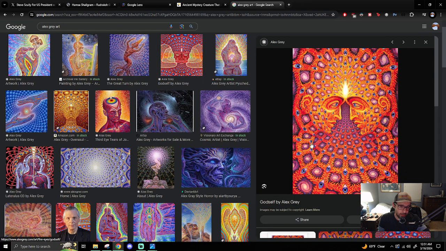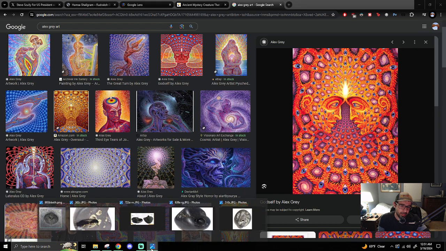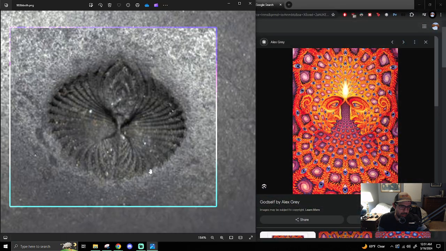Like this one. This one's kind of cool to compare. Like the way it has these eyeballs going through between the two heads. So if there's two heads, it kind of makes me think of sideways.